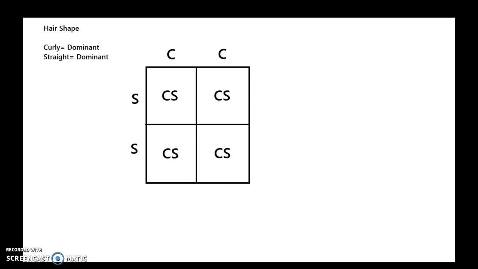So we would have a curly-haired person crossing with a straight-haired person. We'd be homozygous dominant curly, homozygous dominant straight. All of the offspring here would be heterozygous wavy. So all 4 offspring chances for heterozygous, and the phenotype would be wavy hair. So it's a combination of straight and curly.